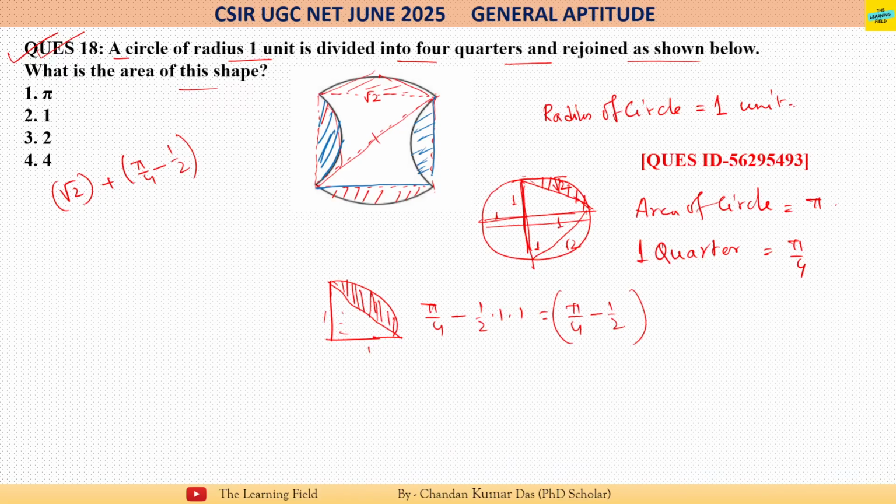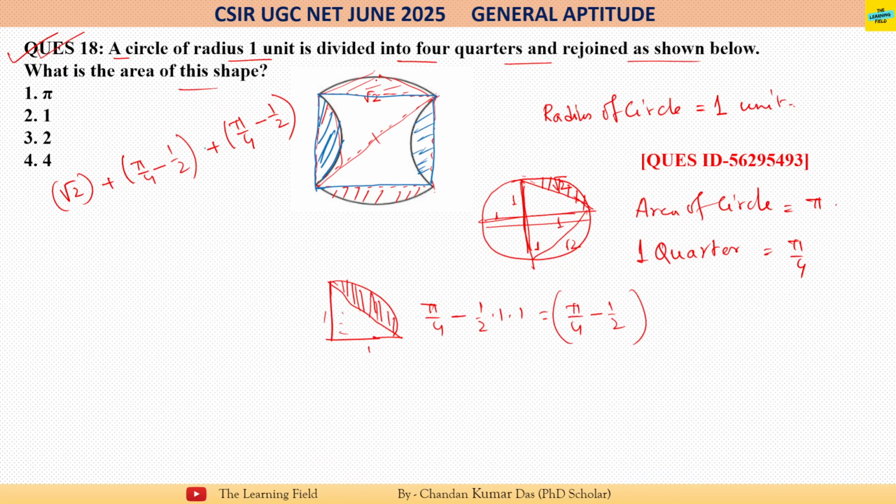Suppose this is the square. This is definitely a square. So plus 2 plus and 2 minus pi by 4 plus minus half, minus half.